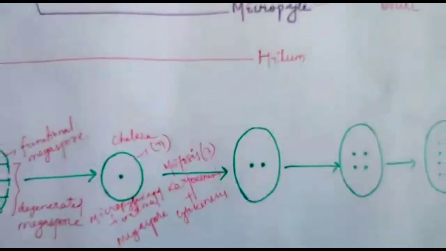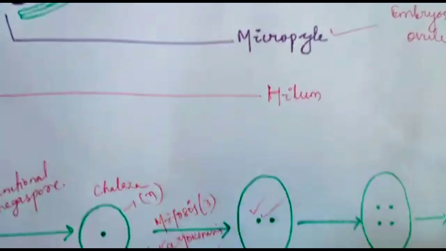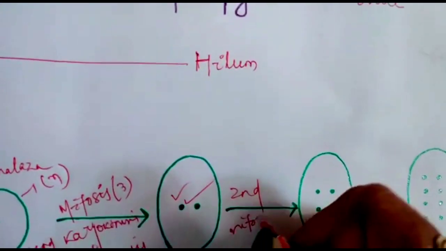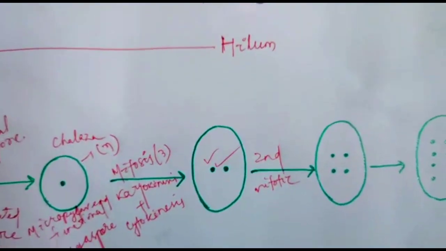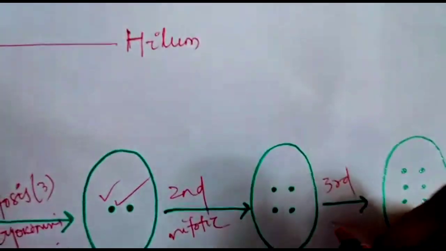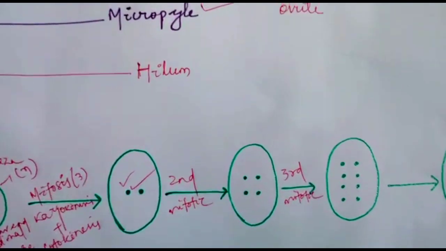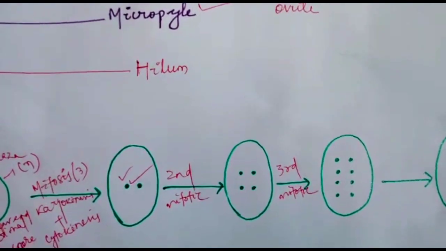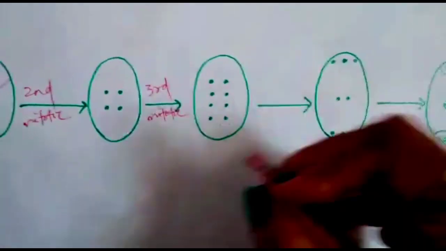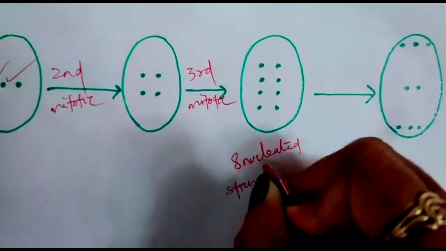After the first mitotic division, it produces 2 nuclei. Then after the second mitotic division, it produces 4 nuclei. Then the third mitotic division results in the formation of an 8 nucleated structure inside the megaspore. So now it is an 8 nucleated structure.